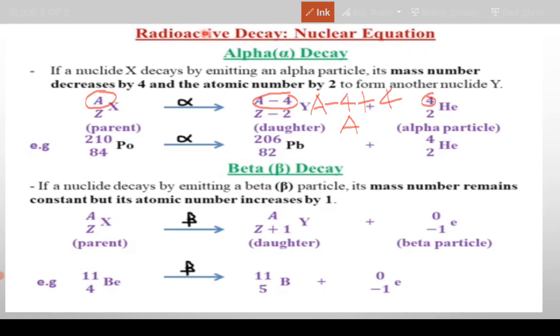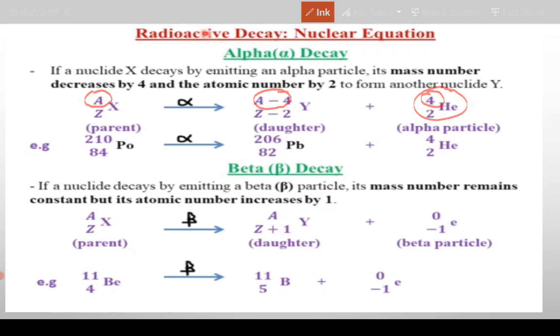Alright? So this equation, in terms of change in mass, the masses are balanced. So making sure that when you add this to the 4, you get the original mass there. Okay, so don't forget to add the alpha there in terms of helium nucleus.